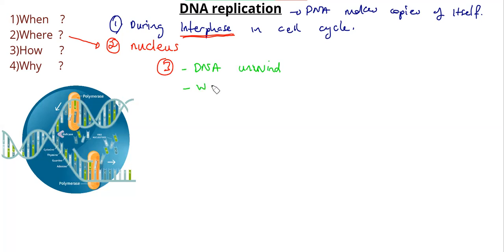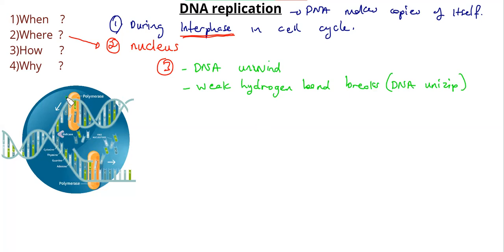So the weak hydrogen bonds break. Now, when the weak hydrogen bonds break, what happens? Your DNA unzips.